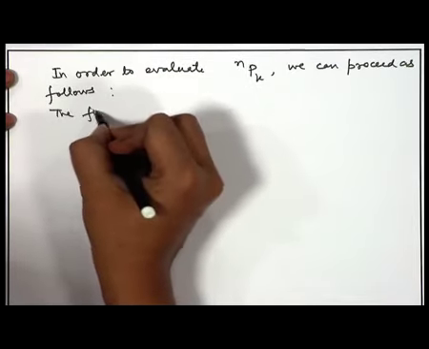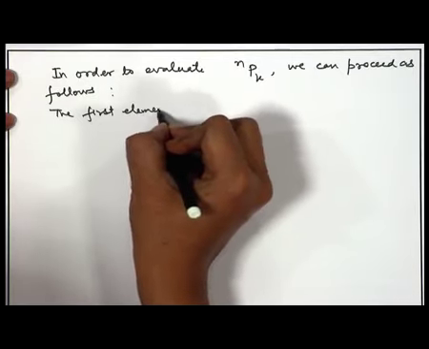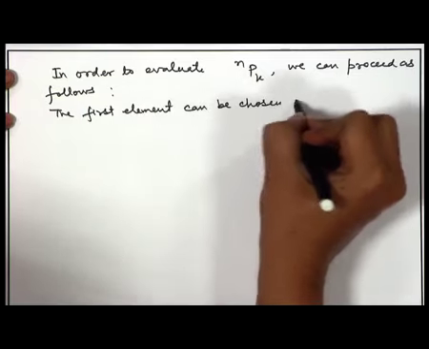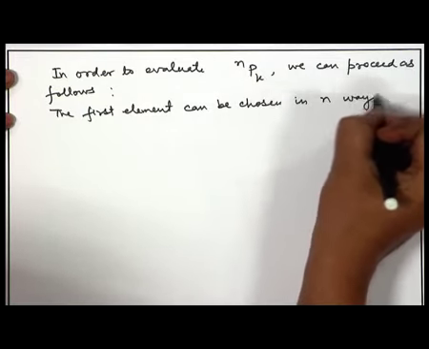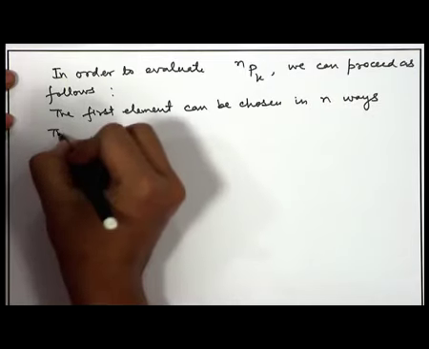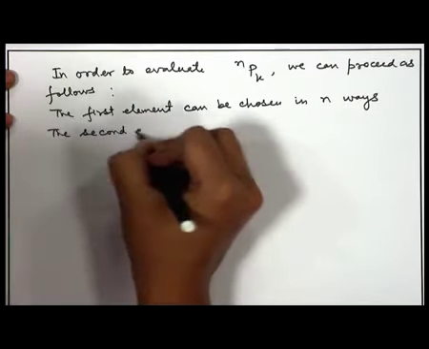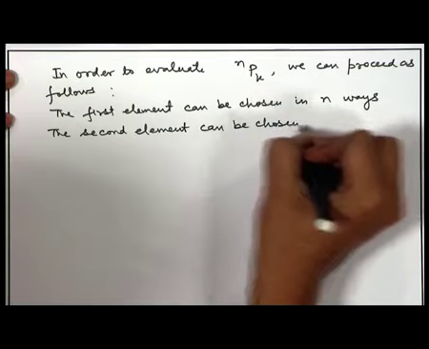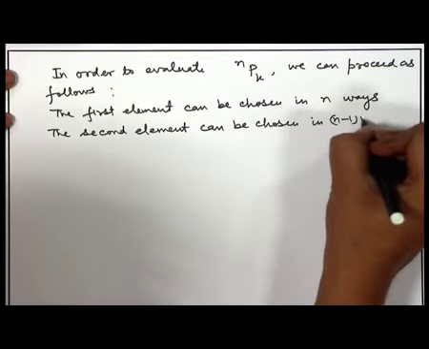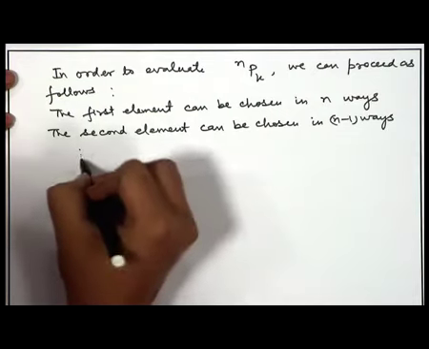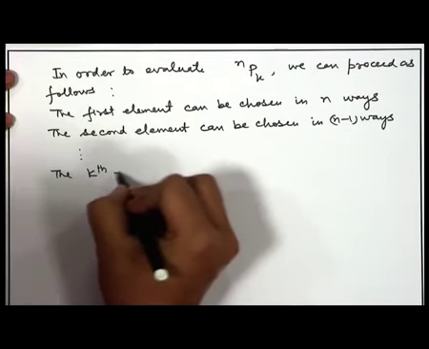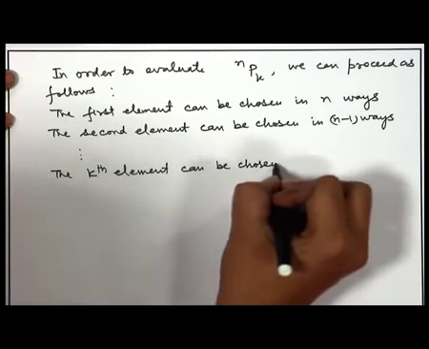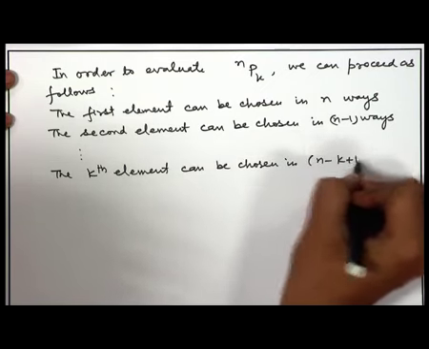The first element can be chosen in n ways. The second element can be chosen in n minus 1 ways and so on. The kth element can be chosen in n minus k plus 1 ways.